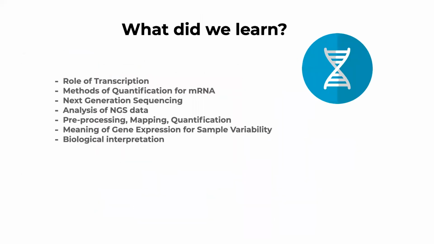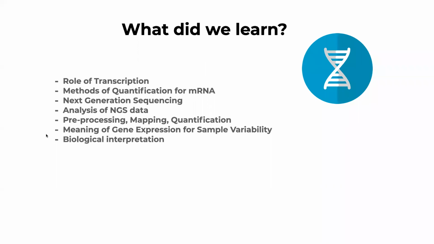Okay, so what did we learn today? We talked about the biological role of transcription, methods of quantification for mRNA, how to use next-generation sequencing to study mRNA expression, and how it's important to understand the steps of analysis of next-generation sequencing data when we study mRNA expression.